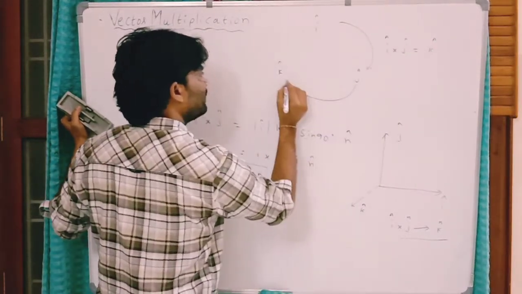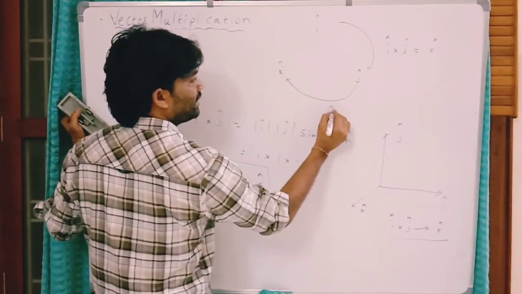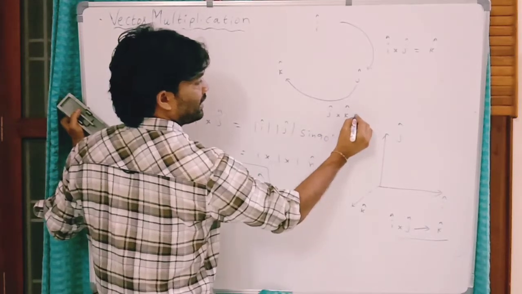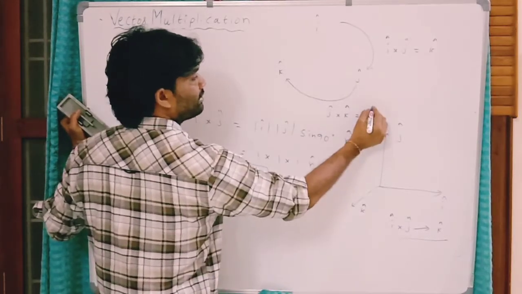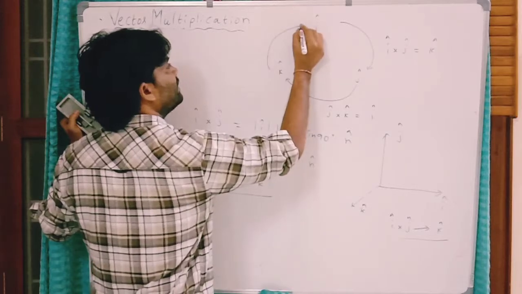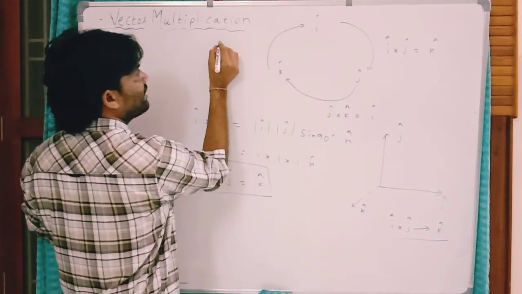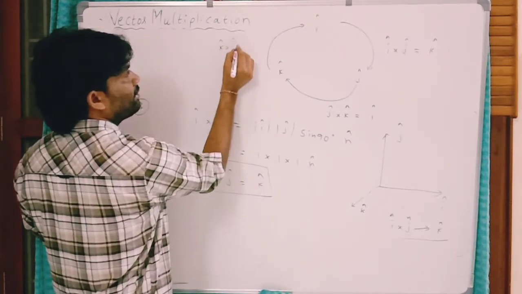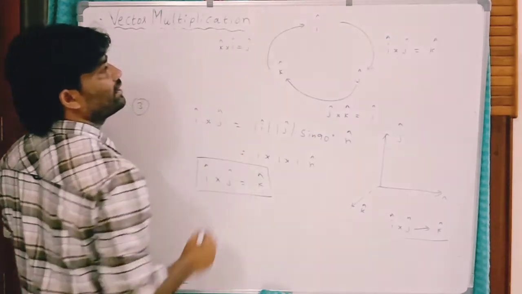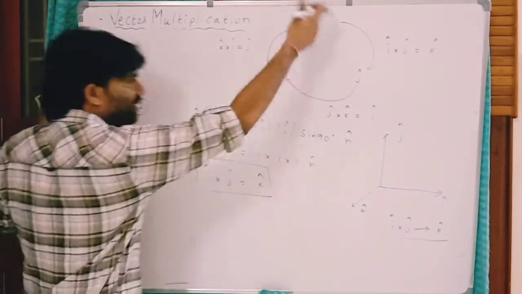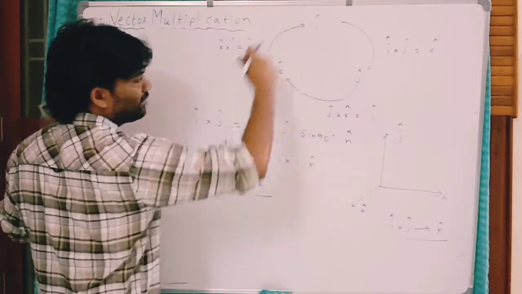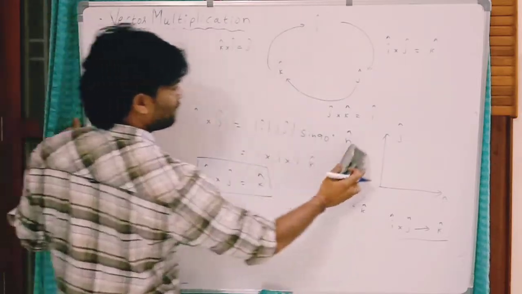Now j cap cross k cap is this, I cap. And k cap cross I cap is j. If you take this product in the reverse manner, or in the anti-clockwise direction, you will get negatives.